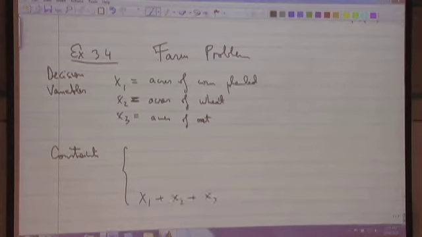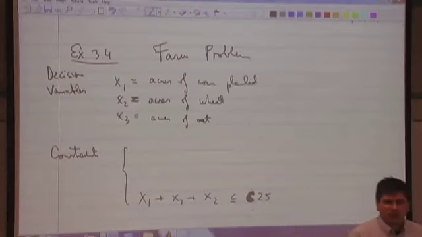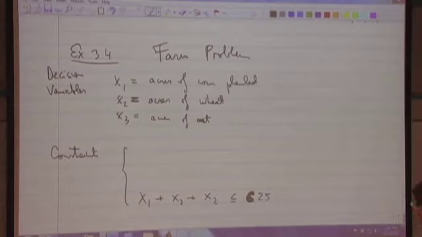I wrote it as the last constraint in the code, but that's not important. This just says this is how much land I have available.